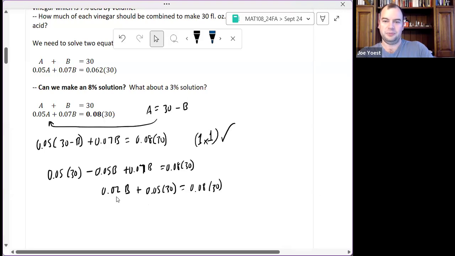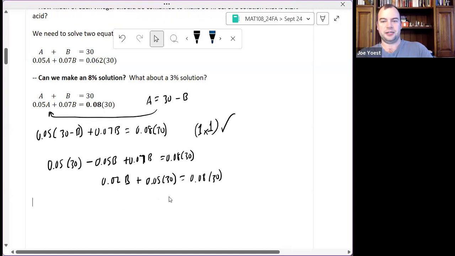Okay, so now what do I end up with? I want to isolate my variable term. I want to isolate 0.02b, so I subtract 0.05 times 30 from both sides.